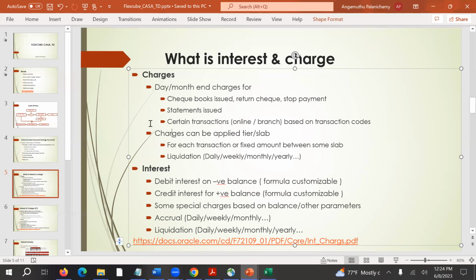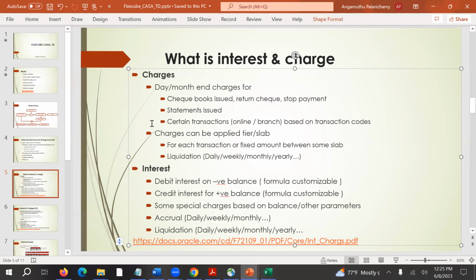And then charges, as I said in the previous one, I can charge per transaction, or for a group of transactions. If he has exceeded 5 transactions, I want to charge a certain flat amount, or from 5 to 10, I will charge 100 rupees irrespective of the number of transactions.